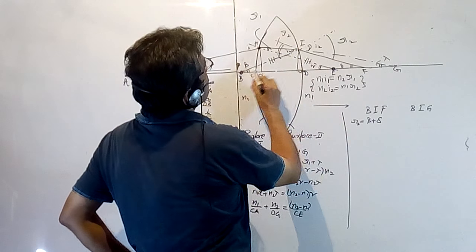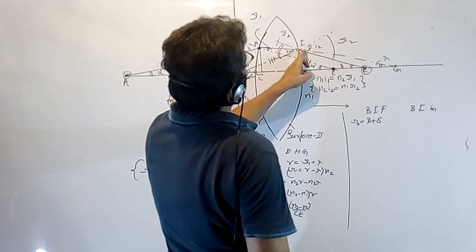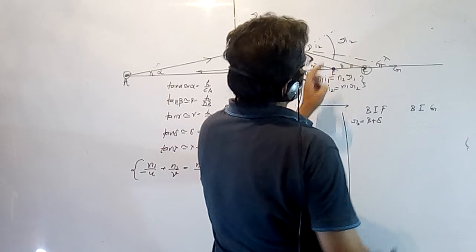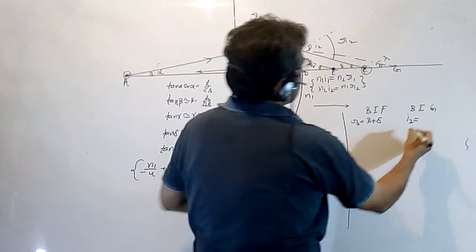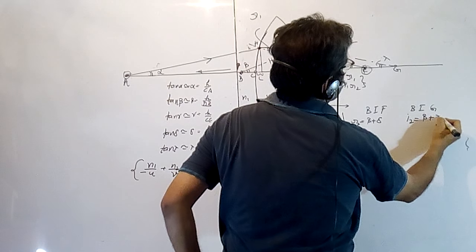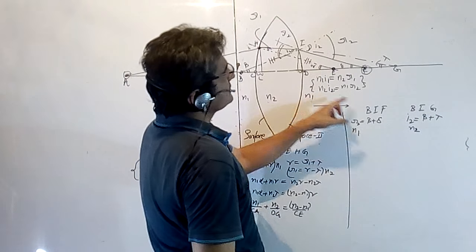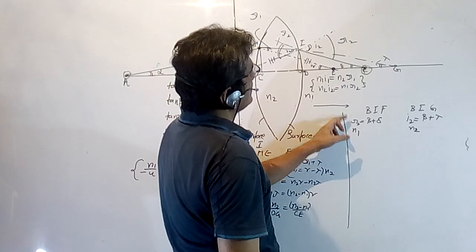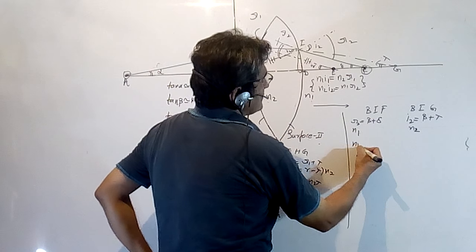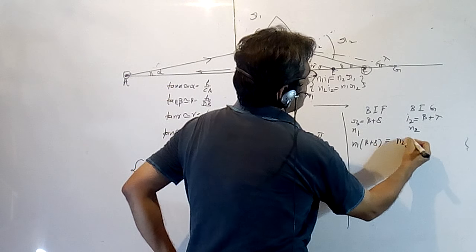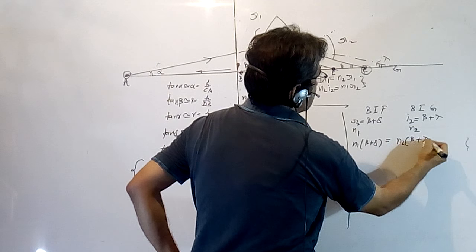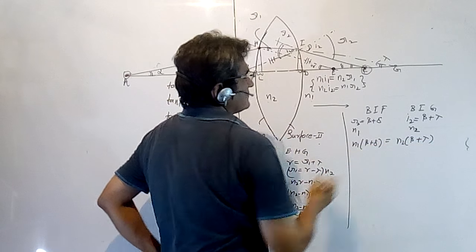Now for B, I and G, my exterior angle I2 is equal to beta plus lambda. Multiply: N2 I2 is N1 R2. So you will get N1 (beta plus lambda) is equal to N2 (beta plus delta).